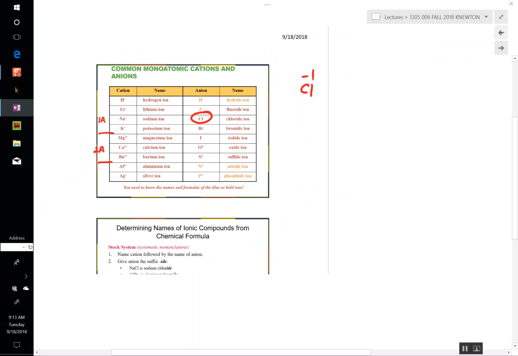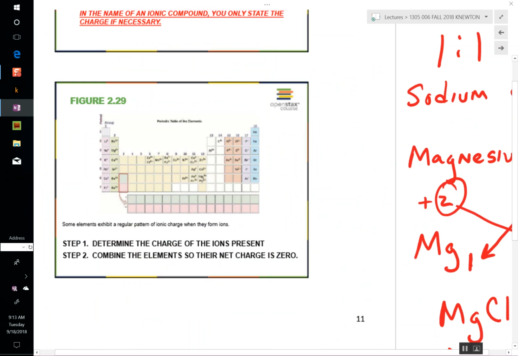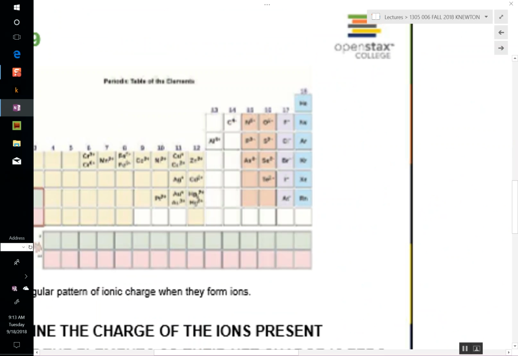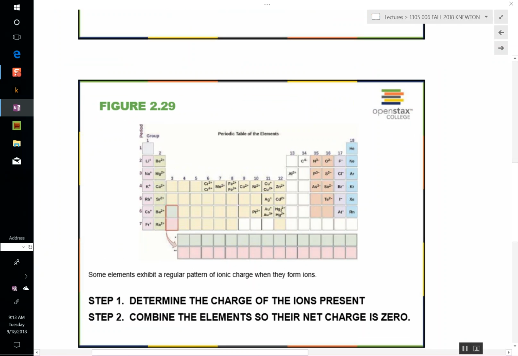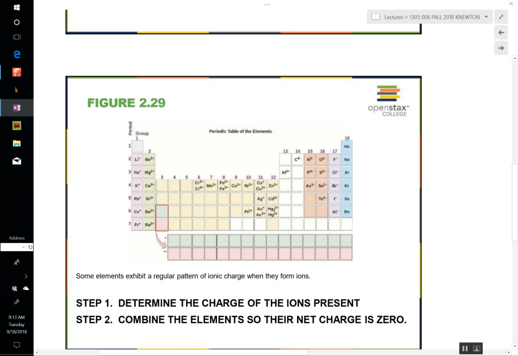Notice back here, that's what this was getting at. You learn it however you want to learn it. Just learn it. These are very predictable plus 1 ions. Very predictable plus 2 ions. The halogens, very predictable, minus 1. Fluorine is always going to be minus 1, almost no matter where you see it.